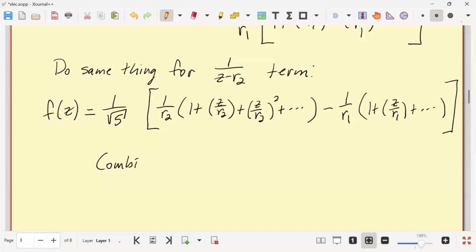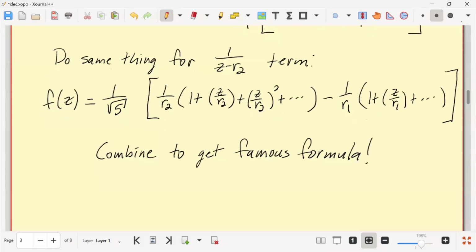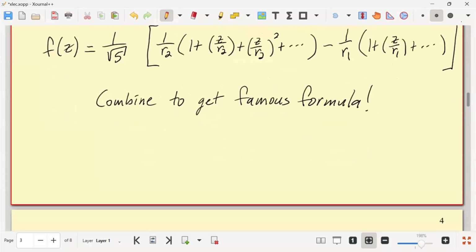So combine these to get the famous formula that I started out writing. It's just some algebra. And so we found a power series of a rational function just by playing around with geometric series.